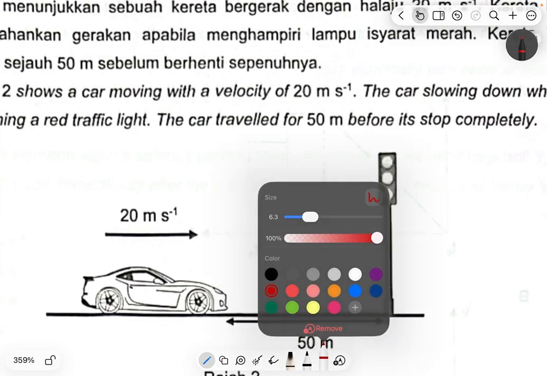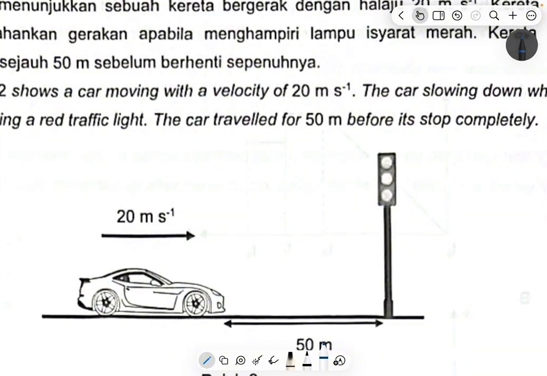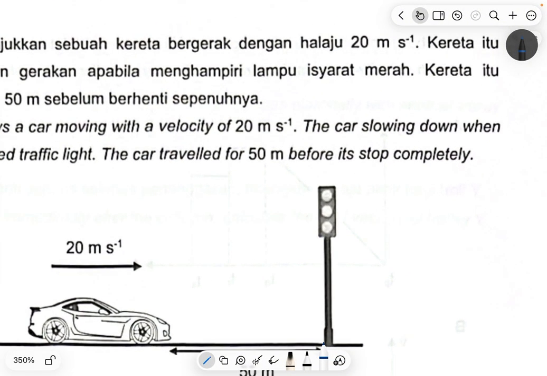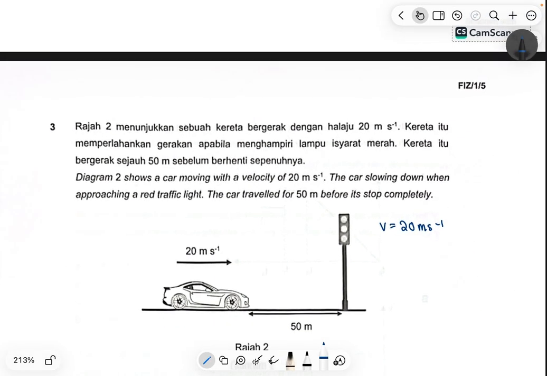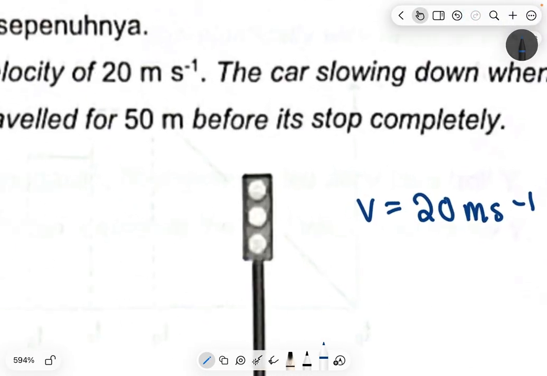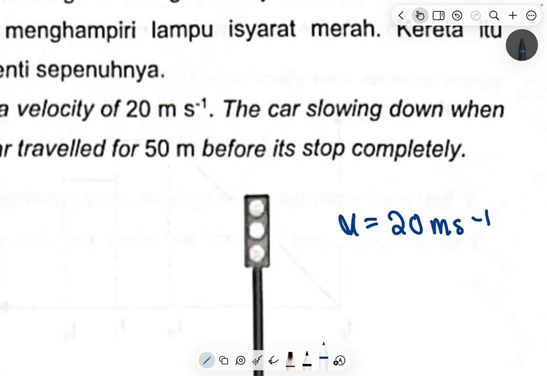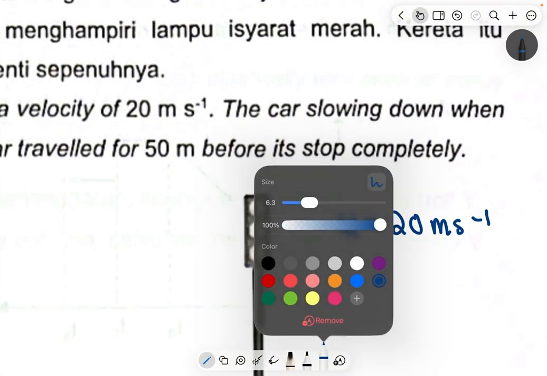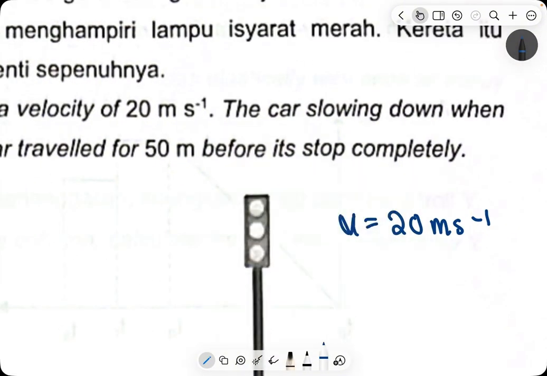So here, always list down what you have. So we are given velocity, so 20, slows down when it approaches a red traffic light. This should be initial velocity then.